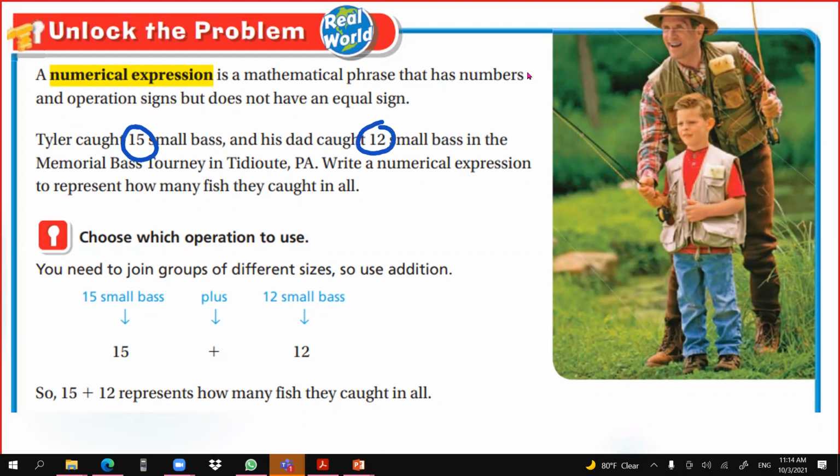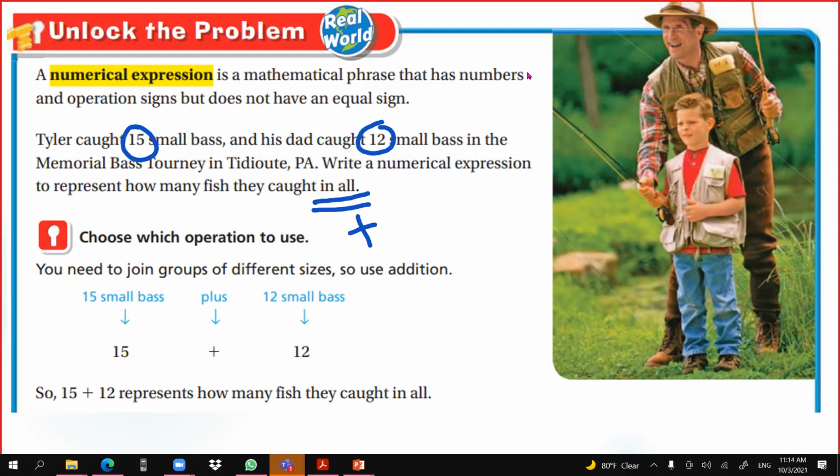Then they ask me to write a numerical expression to represent how many fish they caught in all. You remember from grade 1 or grade 2, what does "in all" mean? Is it addition or subtraction? Addition. So the words "in all" mean addition.